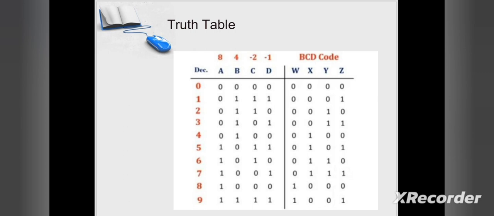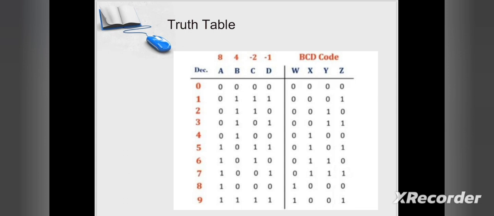Its related output in BCD code is 0110. Similarly, for decimal 3 in 8 4 -2 -1, the sum of 4 and -1 is 3, so 4 and -1 become 1 and the remaining 8 and -2 become 0, and we get 0101. Its related BCD output is 0011.